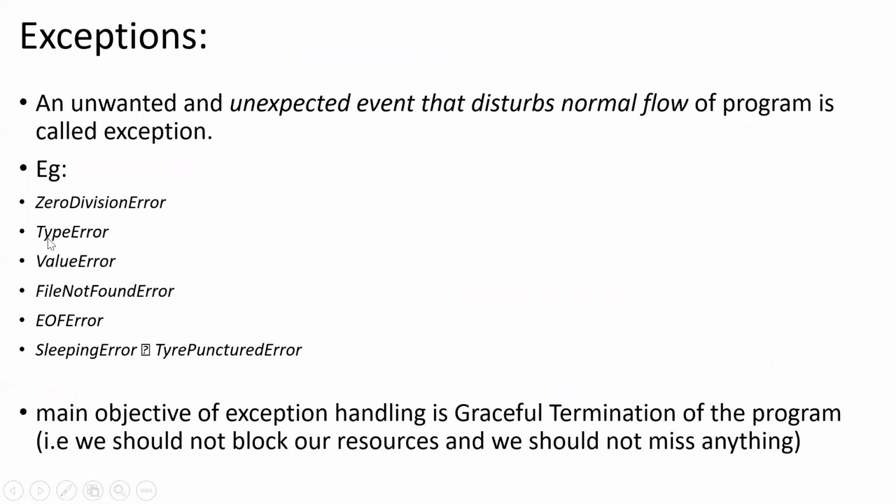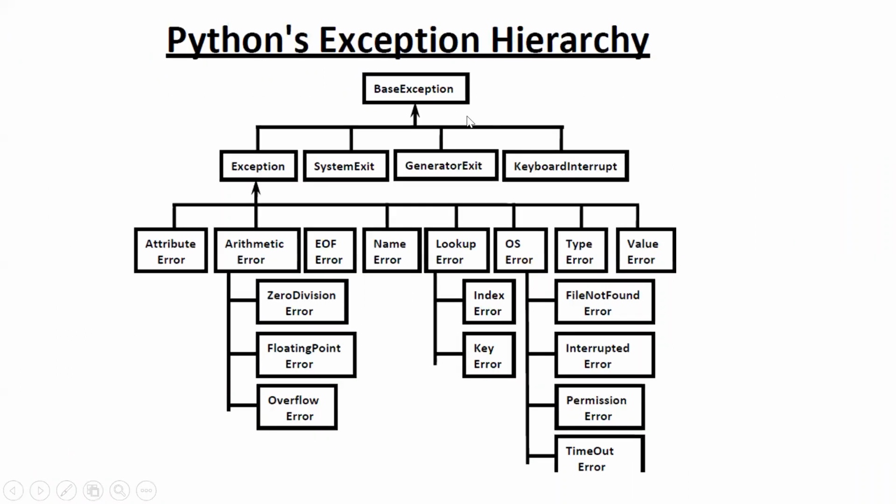Now let's move forward. Exceptions. These are the errors: Exception, System exit, generator exit, keyboard interrupt. We don't want to discuss more about this. Keyboard interrupt means you don't give some kind of input from the user.